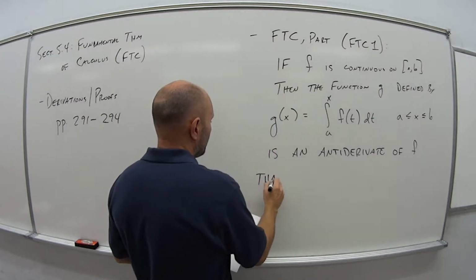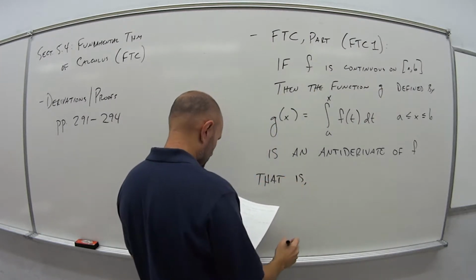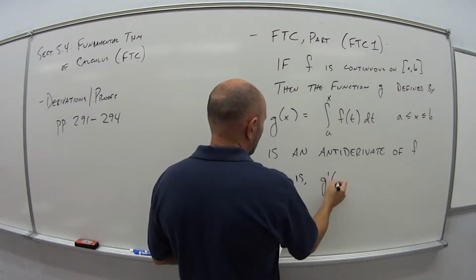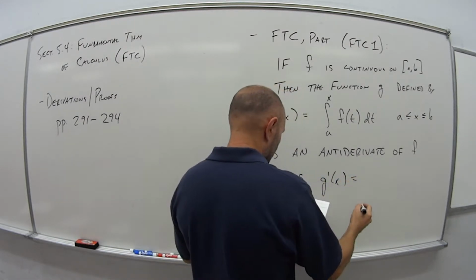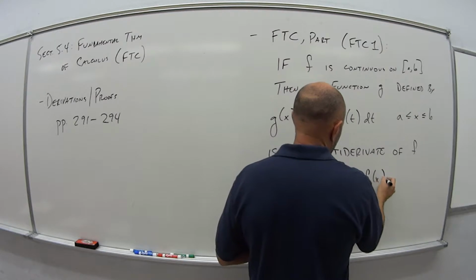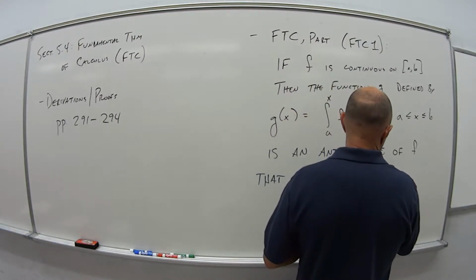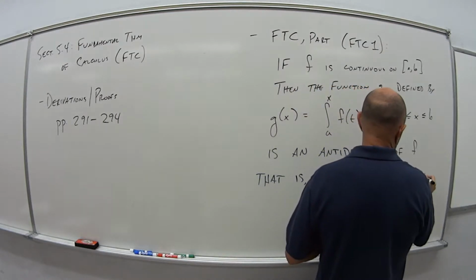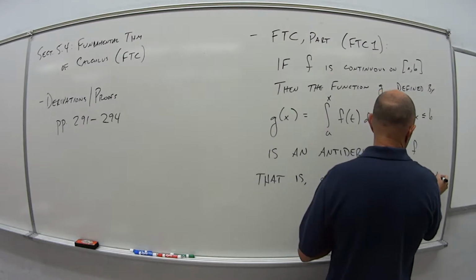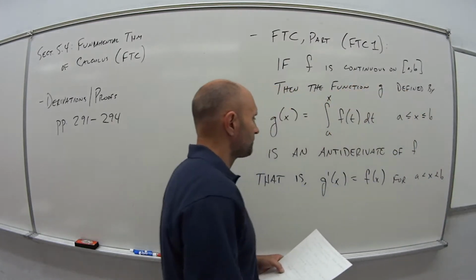That is to say, g prime of x is equal to f of x for x between a and b.